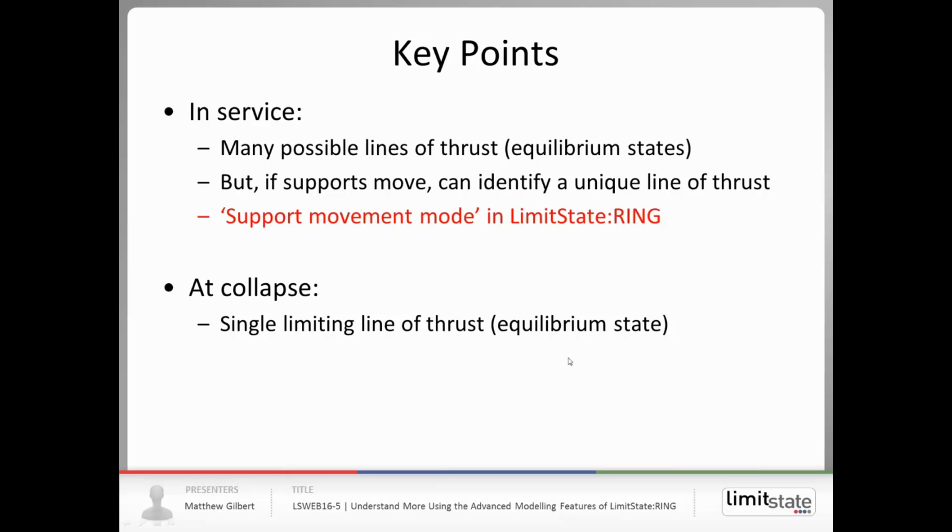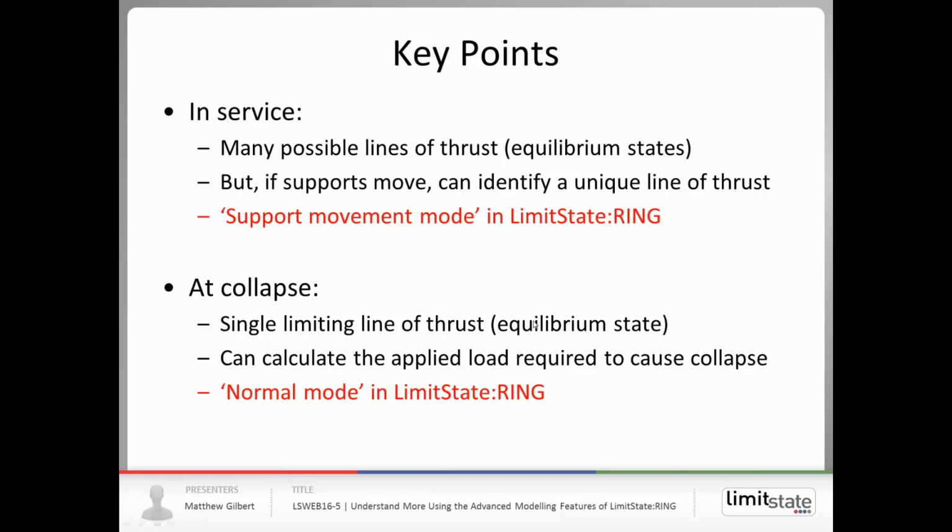Similarly, at collapse, we have a uniquely determined line of thrust, and we can calculate the load at that point required to cause collapse. And that's the normal mode that those of you who've used the software will be most familiar with. So what the software is doing is effectively ramping up the applied load until the point of collapse is found. Ramping up, in mathematical terms, is intrinsically part of the optimization process.